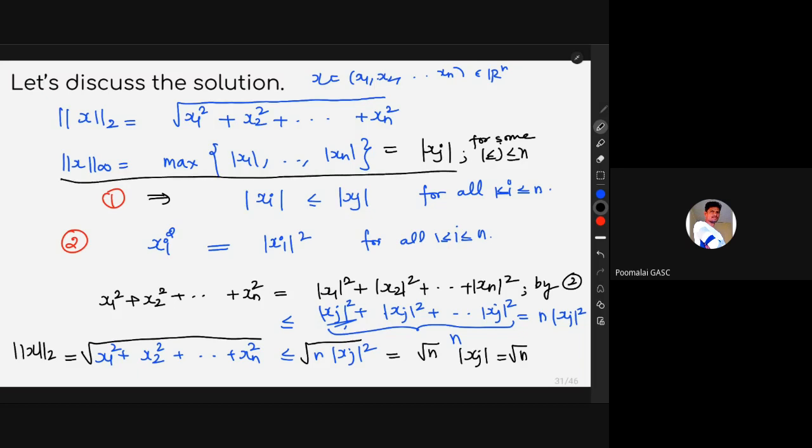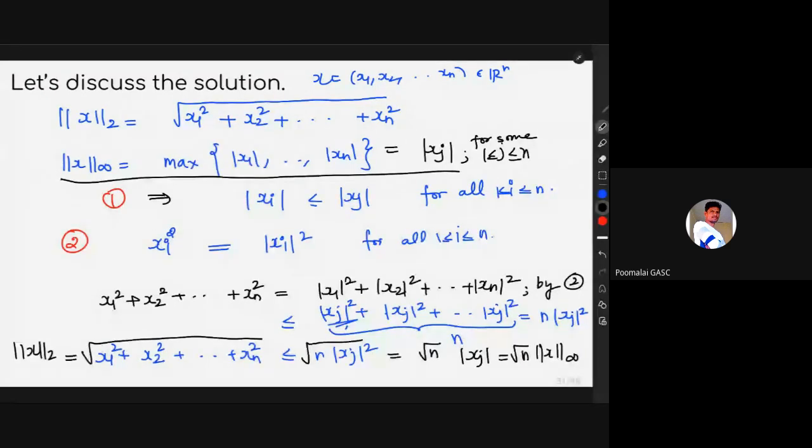Mod xj is the supremum norm of x. So the inequality I have achieved implies that the Euclidean norm is smaller than or equal to square root of n times the supremum norm. Okay, so this is our answer.